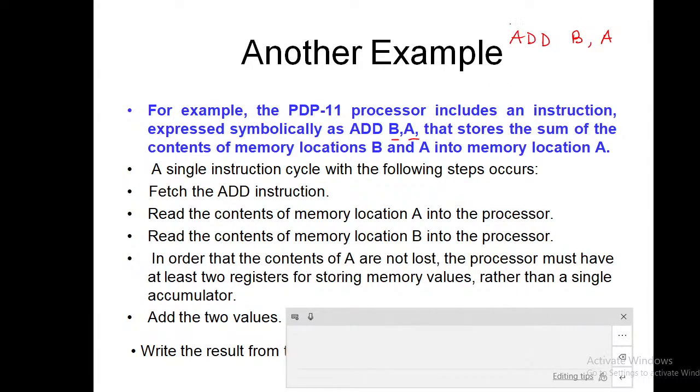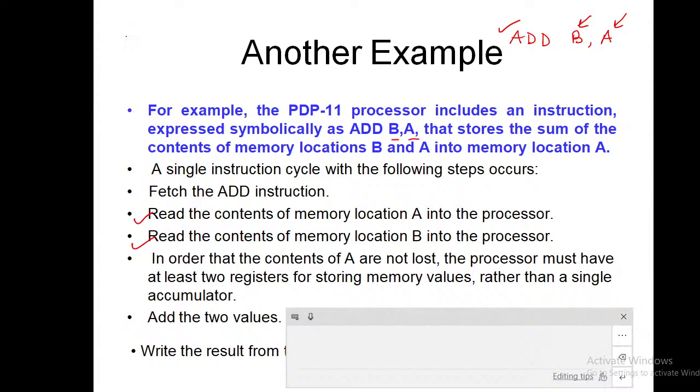So you have to fetch this instruction first, and then read the contents. For the read operation, because this is not a register, this is a memory and this is another memory, you have to go to this particular location and fetch whatever is the content in that memory location, and you have to go to the other memory location as well and fetch its content, right?